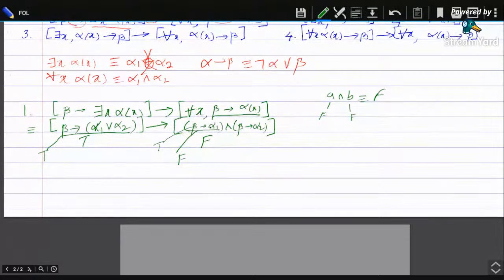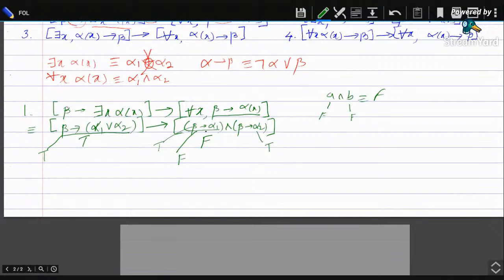Anything can be alpha. So if I assume alpha 2 to be true, alpha 2 to be true, then what is happening? Beta is true, alpha is true, so this is true, beta is true, and this is what you want.